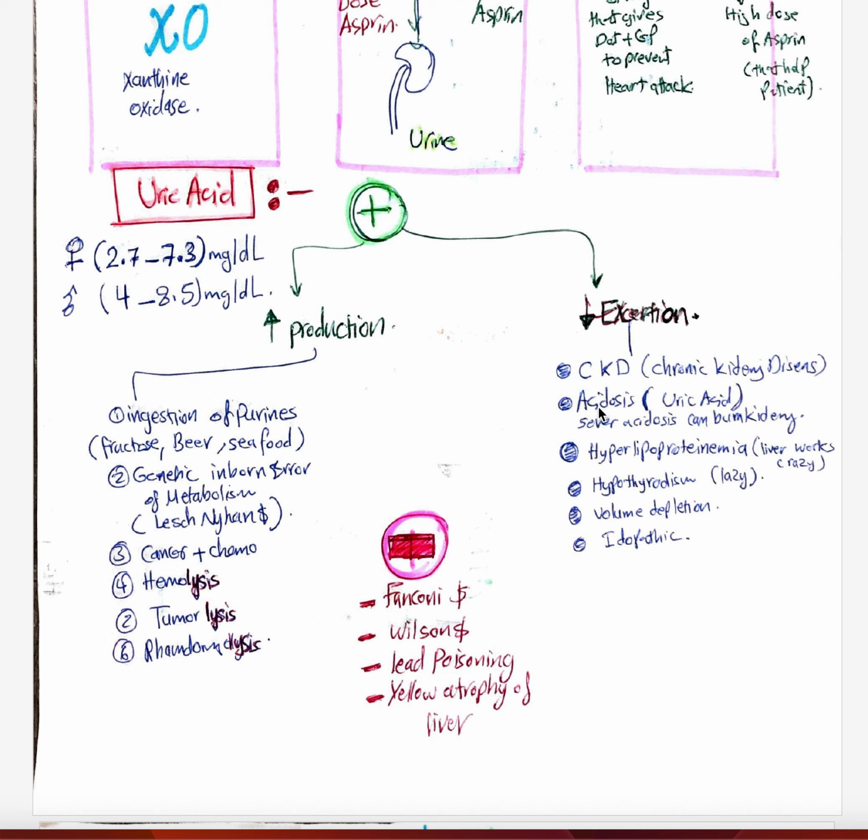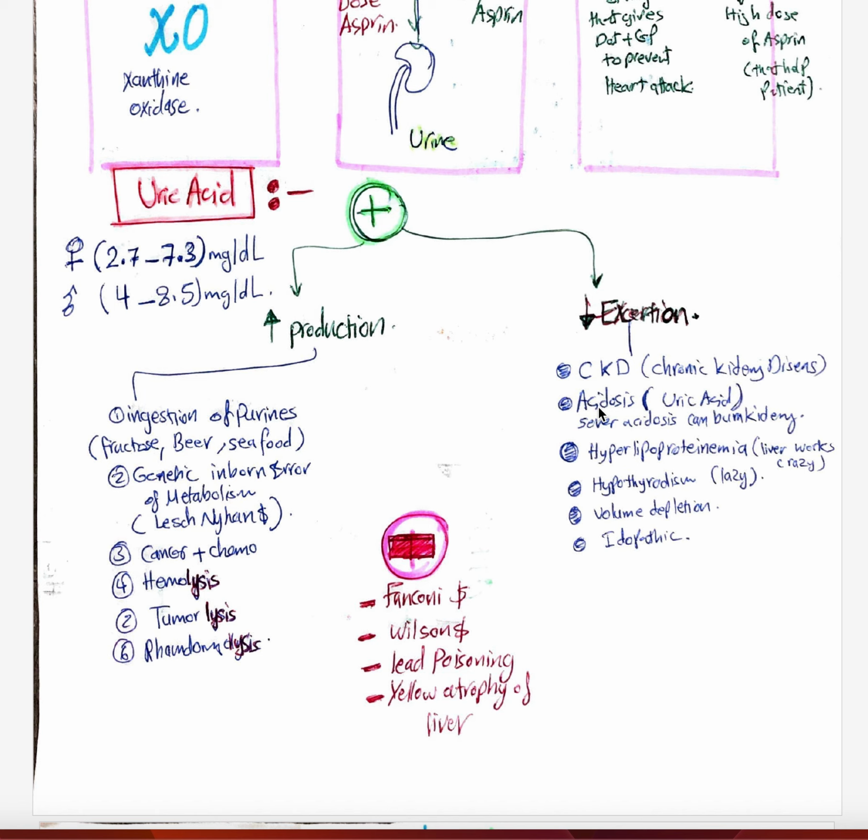So severe acidosis reduces the excretion of uric acid. Hyperlipoproteinemia, liver disease. Hypothyroidism, because the thyroid gland will be so lazy, every metabolism will be reduced, so it will not be able to excrete uric acid. Volume depletion, and sometimes idiopathic.